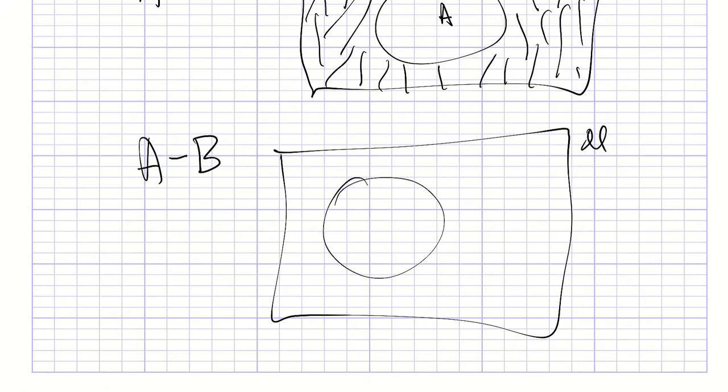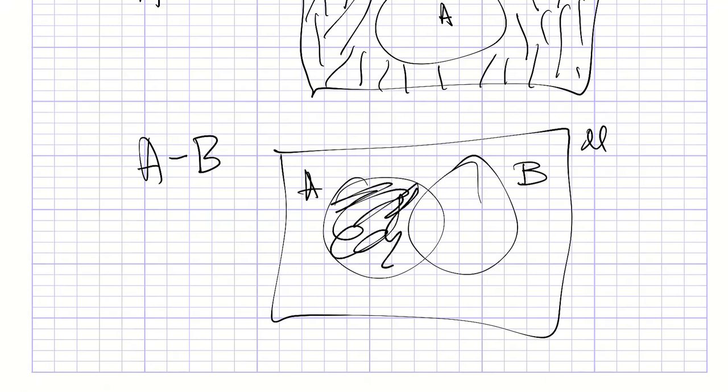Okay, so you draw A like that, draw B like that, A, B. So the elements that are in A but not in B. Basically, subtract the elements of B from A. So whatever is here, you shade it like that. Whatever is here, but see? A and B don't share it, so you can't put it in that intersection box. So it's like that. It's shaded like that. All right.